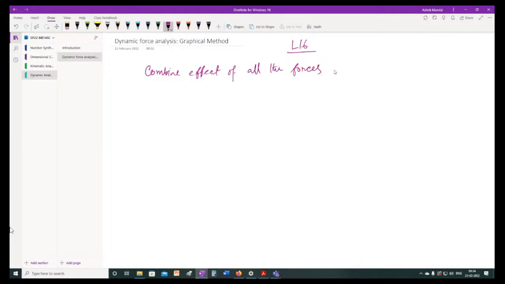We write all the forces, and all the forces include all the moments, because for a 4-bar mechanism, if there is a moment acting on a link, we can always represent that moment as a force. That we discussed in our last class.